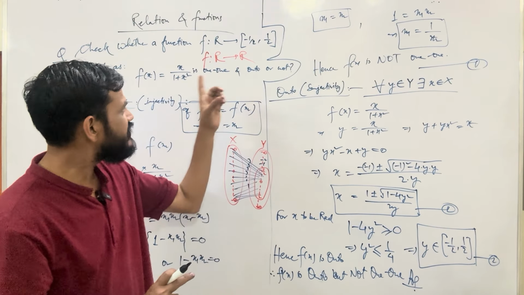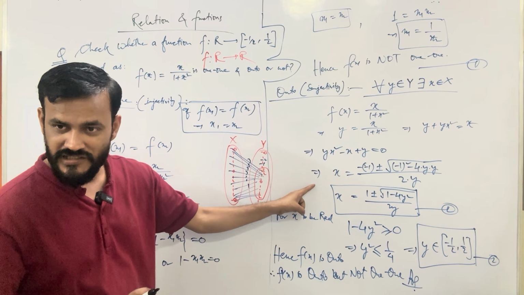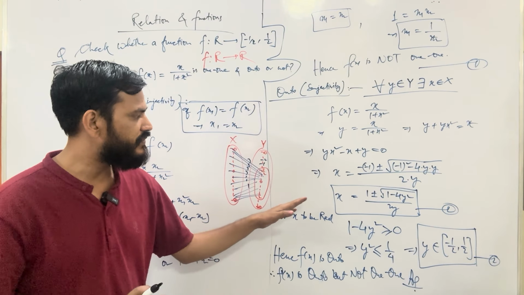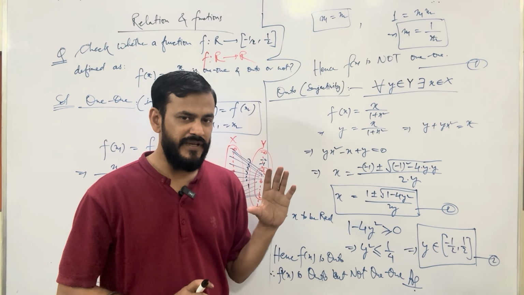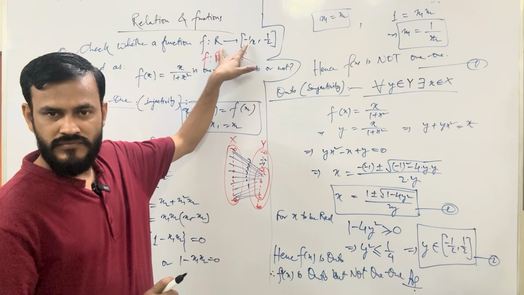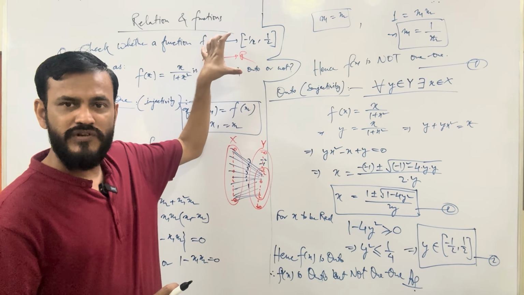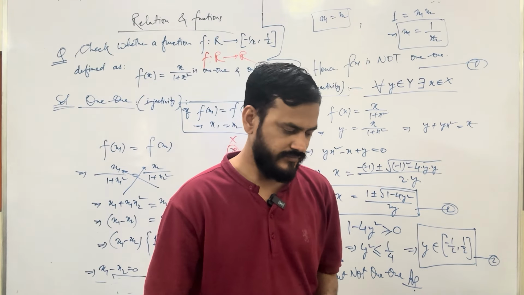Just by changing this mapping, the function which was onto earlier becomes non-onto. So the surjectivity also changes. One should pay utmost attention to where the function is mapping from. This is the most important portion.